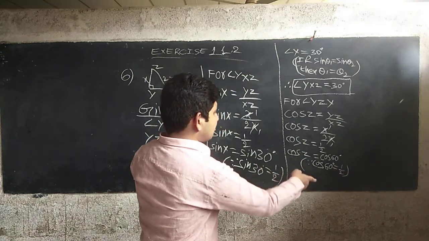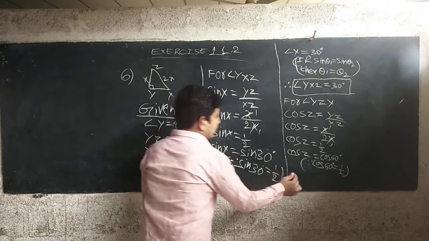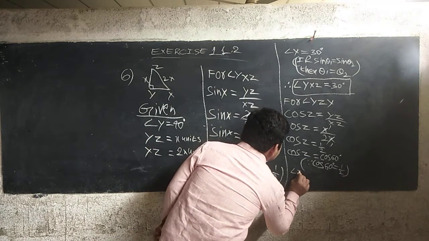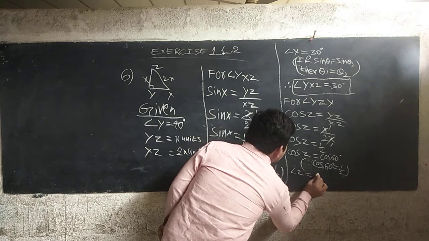So cos z equals cos 60, then angle z equals 60 degrees.